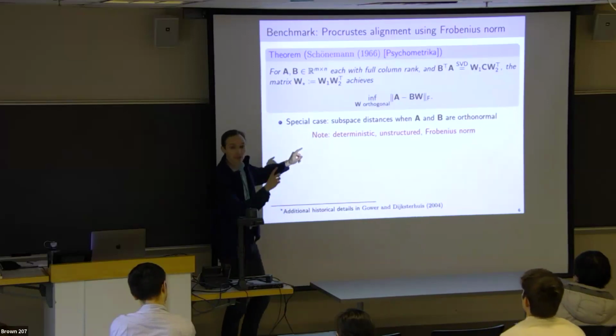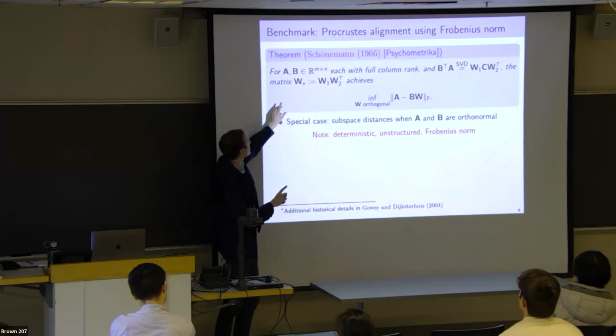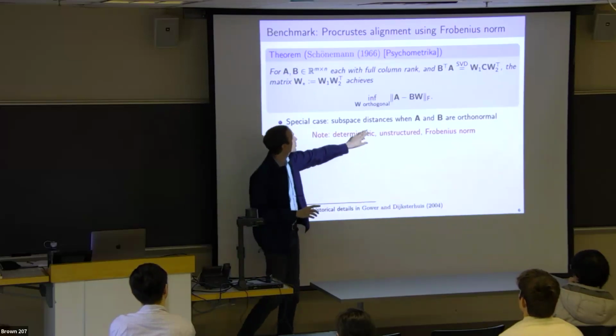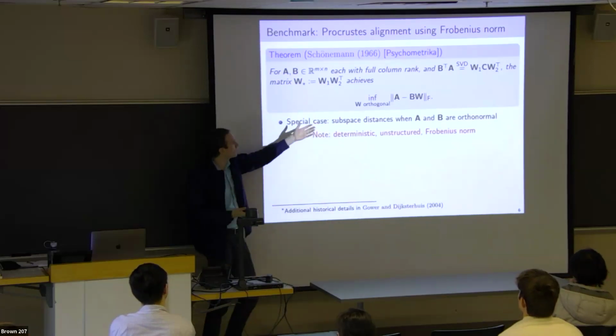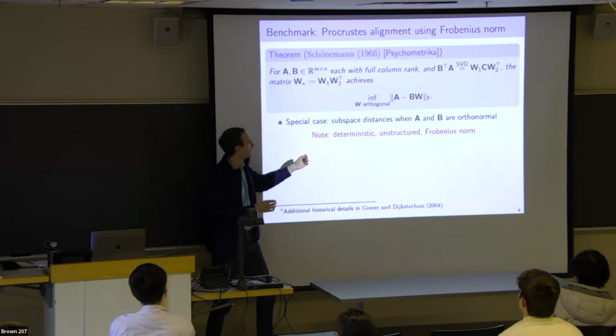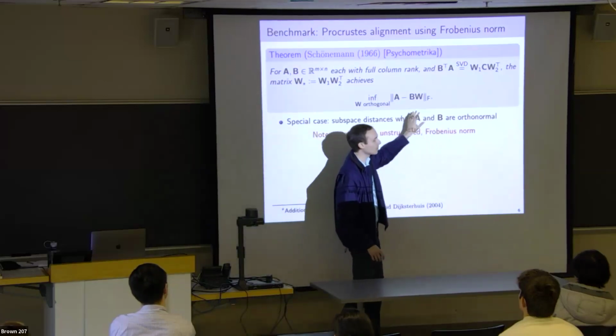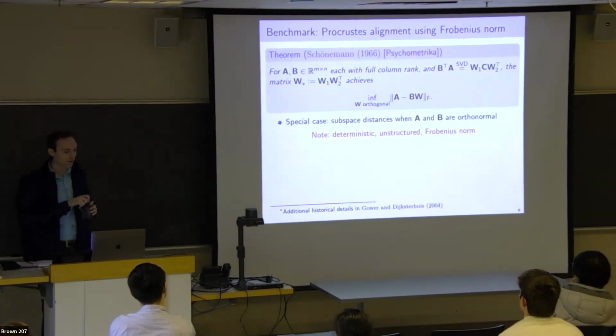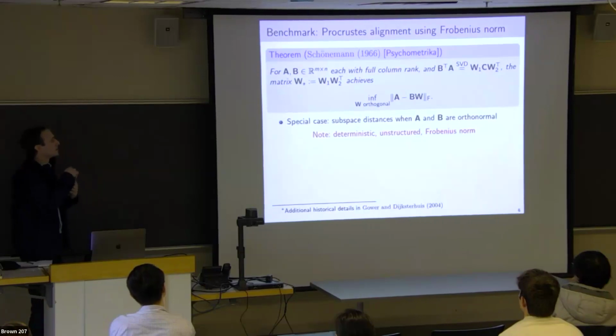But again, as with the previous slide, this theorem is deterministic, so there's no randomness, right? It's unstructured in the sense that A and B are just two matrices. I mean, having full column rank is a very weak statement. And it's again in Frobenius norm, right? So it's an overall sort of coarse expression of the closeness of these two matrices.